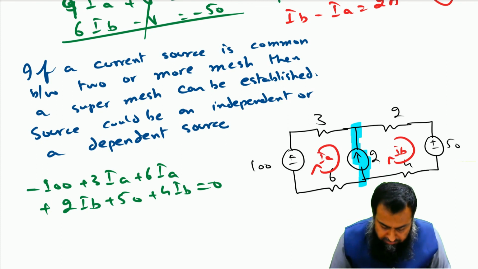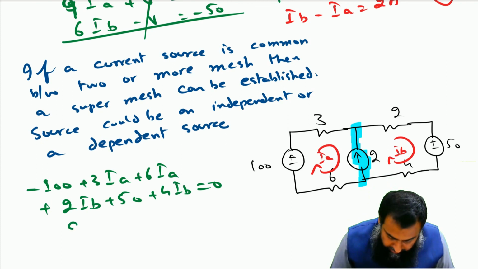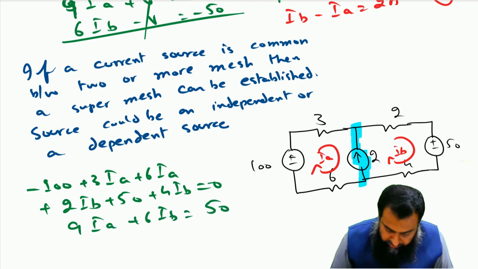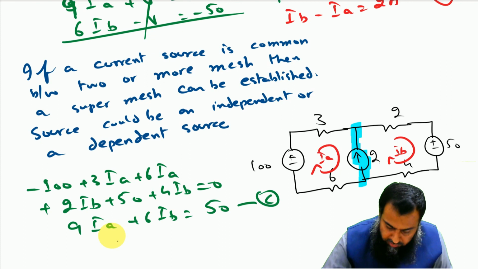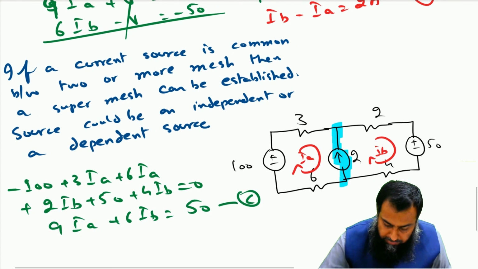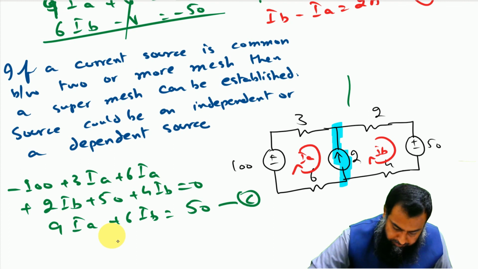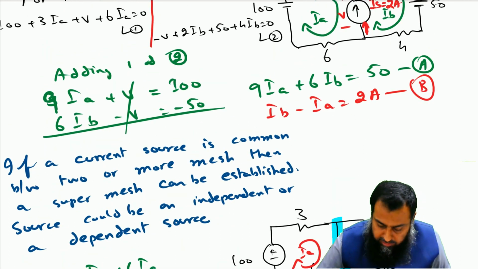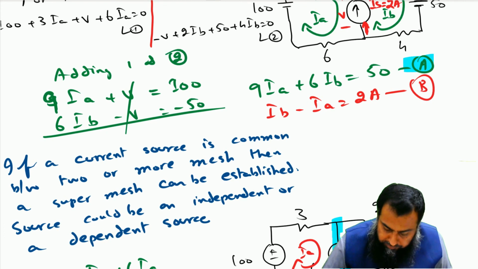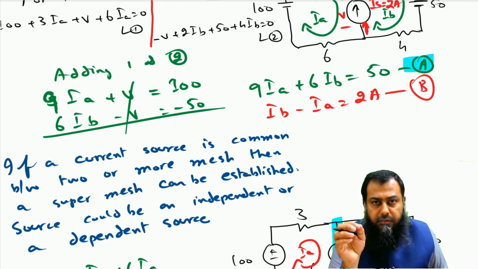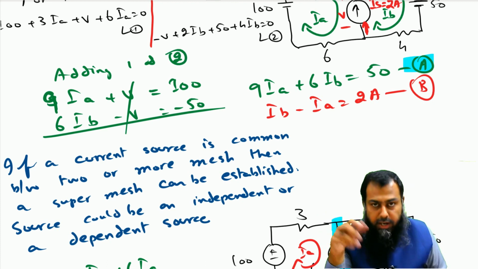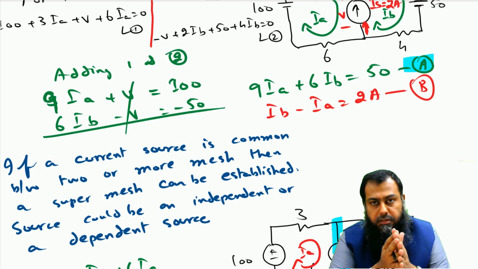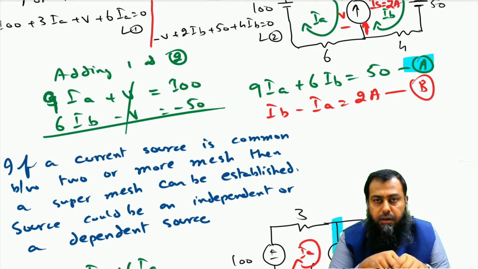If I simplify this equation, I will get 9 times IA plus 6 times IB equal to 50. This equation is essentially the same as the one we showcased earlier, exactly the same as equation number A. The second constraint, elaborated in equation number B, shall remain the same. That is how we can simplify a given circuit by applying the concept of a super mesh.